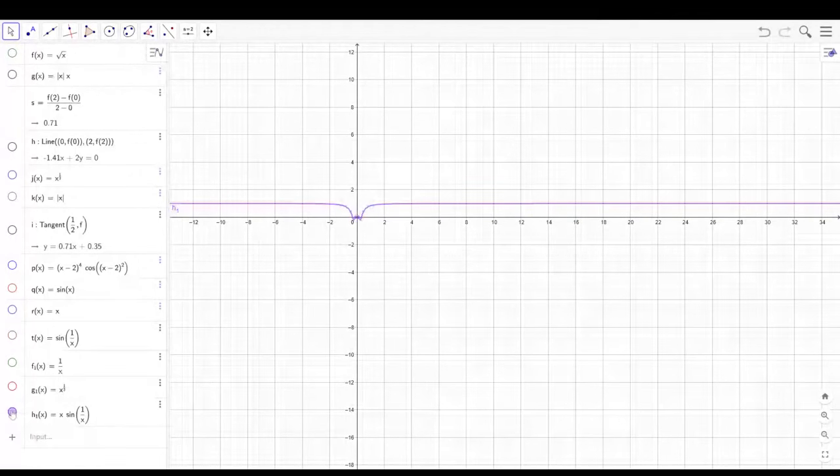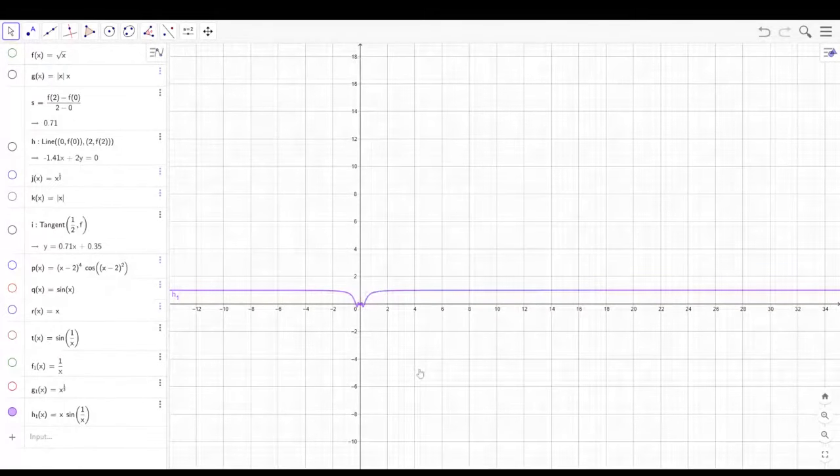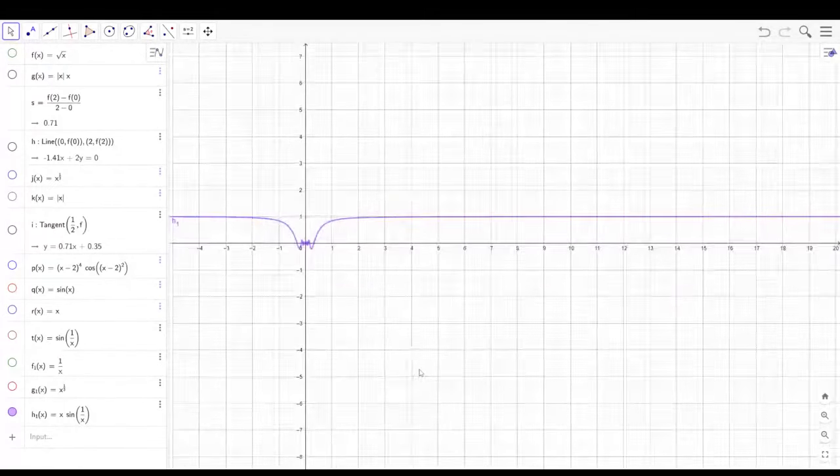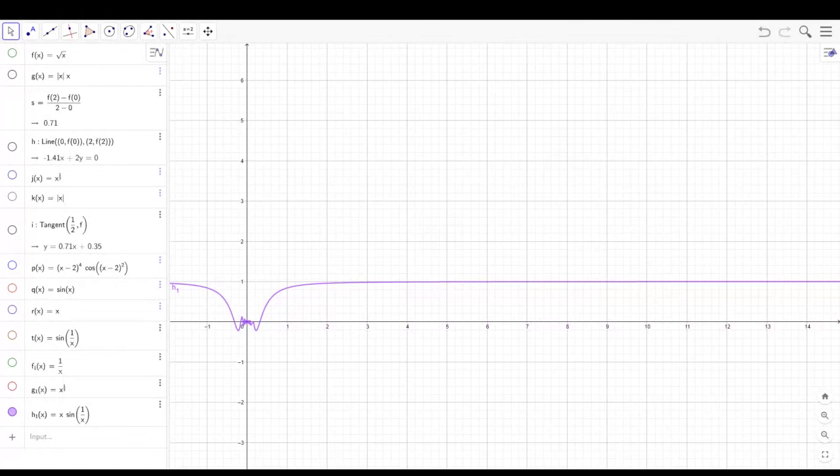So this purple function is x times sine 1 on x. And you can kind of see what's happening as x gets large and positive. What do you think the limit's going to be, just from the picture? Who can tell me in the chat, in French or English? What do you think the value of the function is going to be as x gets large and positive?